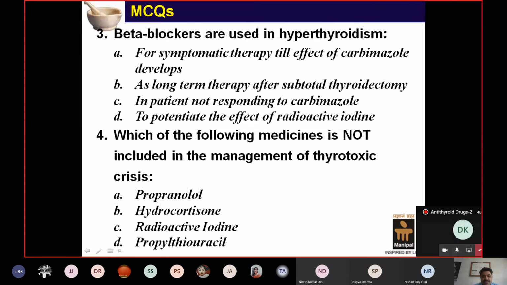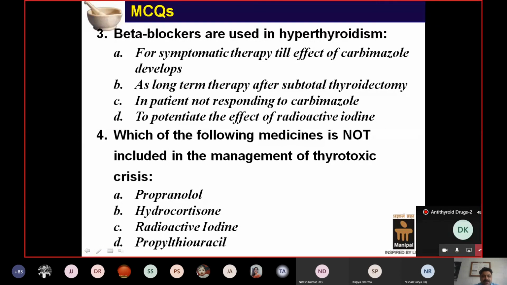Question number 4. Which of the following medicines is not included in management of thyrotoxic crisis? Crisis means it is a severe emergency condition. In an emergency, which drug is not used? C, radioactive iodine. Correct.